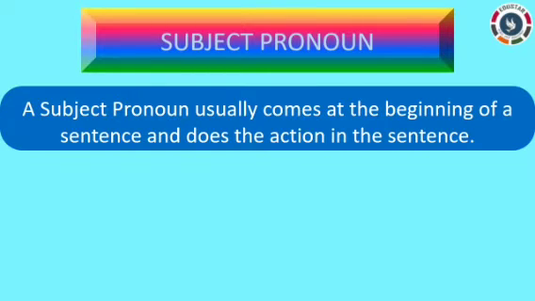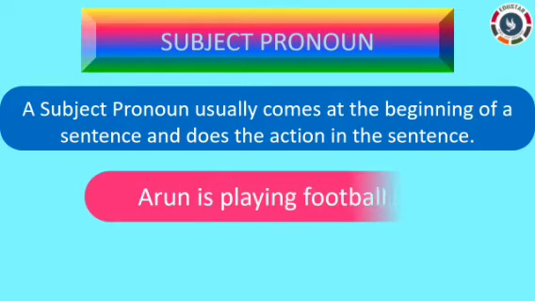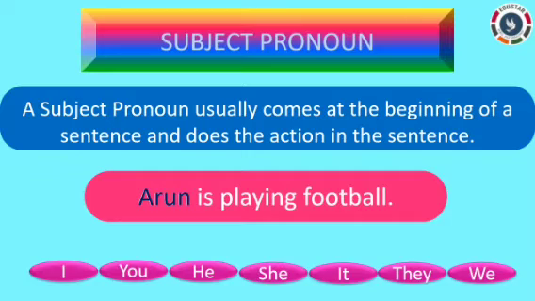Let us see this with an example. Arun is playing football. Here, who is doing the action? Arun. Now, Arun is the subject, and this subject can be replaced by a pronoun. That is, he. He is playing football. So, for a boy, we replace with he.